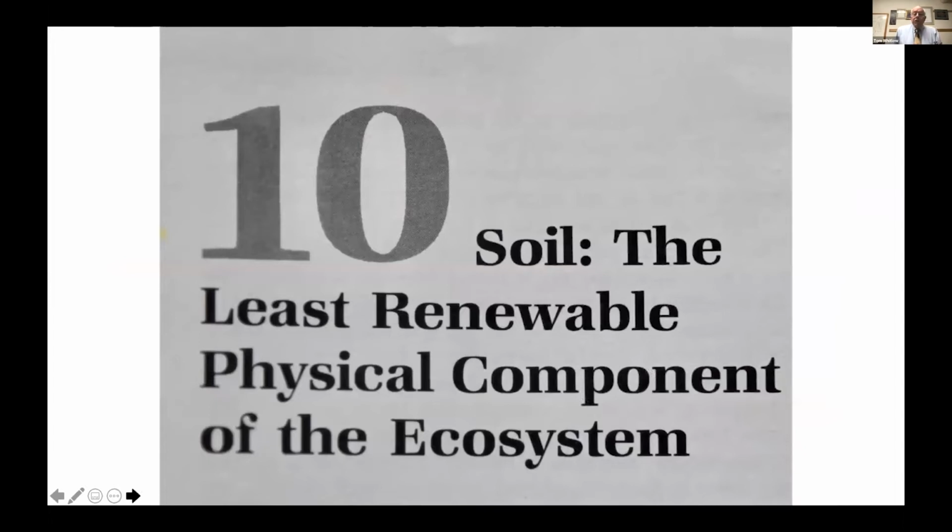I would like us to think of soil as being the least renewable physical component of the ecosystem. There's an old adage that says it takes about 1,000 years to form an inch of soil over top of parent material.